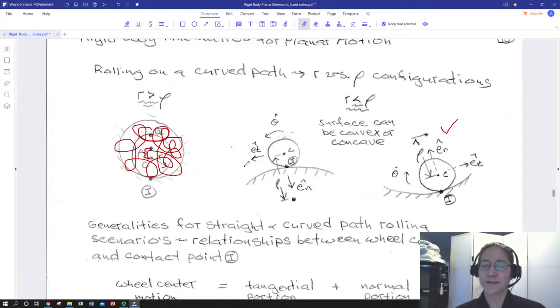So we end up with that same 1 plus r over rho added to the acceleration, the normal acceleration for our invariant point.